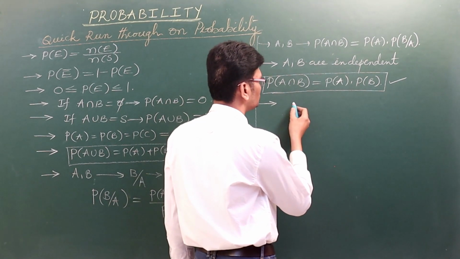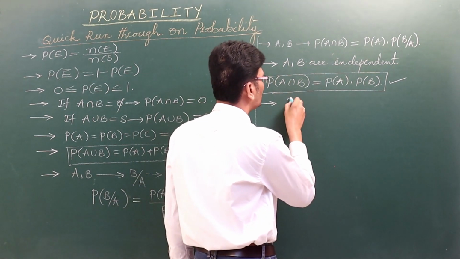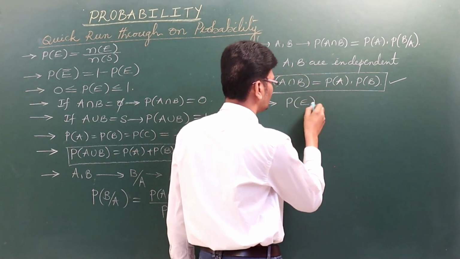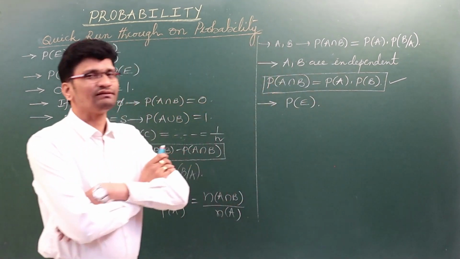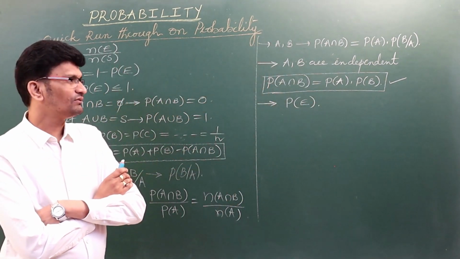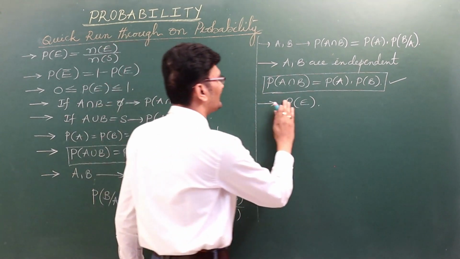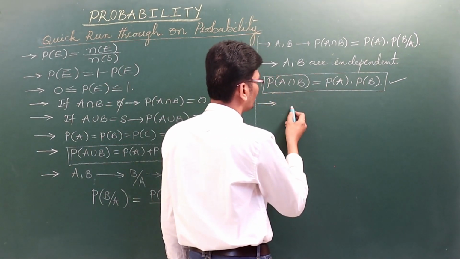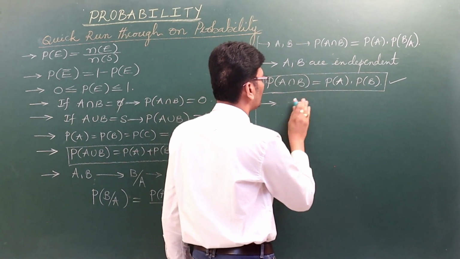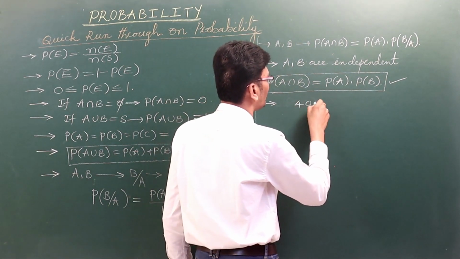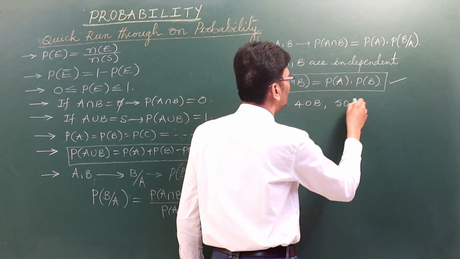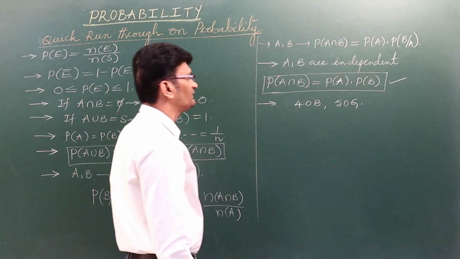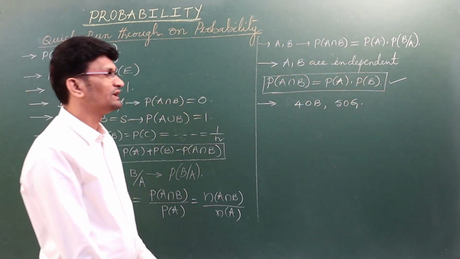For example, I want the probability of E. I am taking one event E. For example, in a class, assuming there are 40 boys and 50 girls.